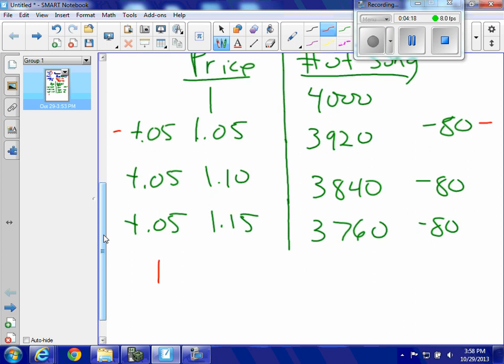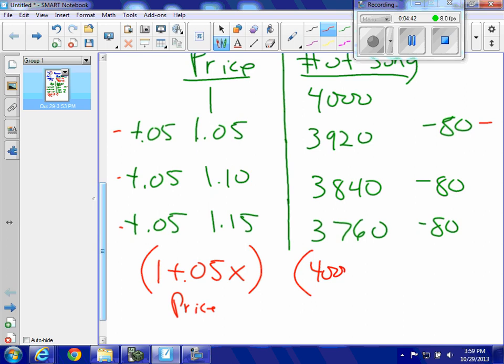My initial price is $1. And when I add 0.05, I do it x number of times. I did it once, twice, three times in this particular example. That is my price. And the number of units I'm selling started at 4,000. But each time I add a nickel, I lose 80 songs, so I'm subtracting 80 times x.